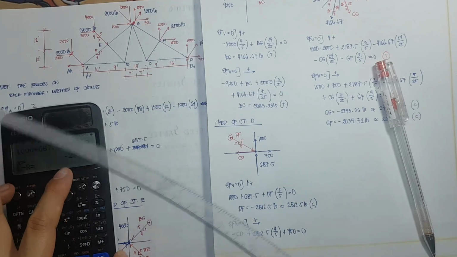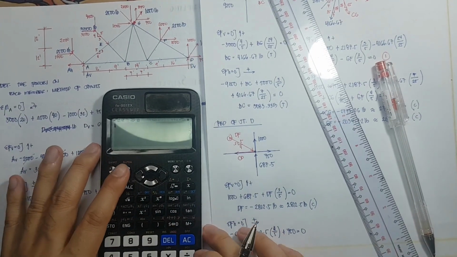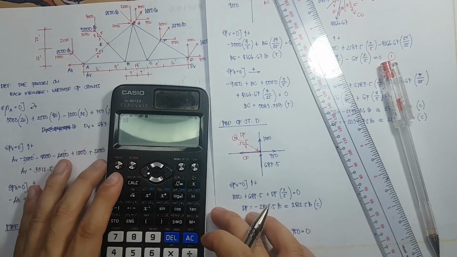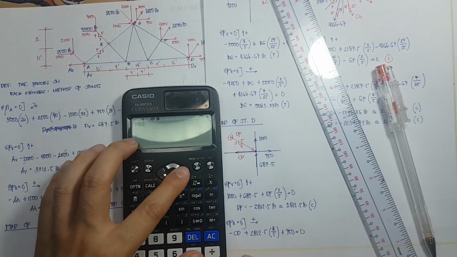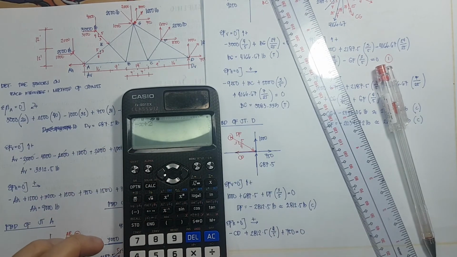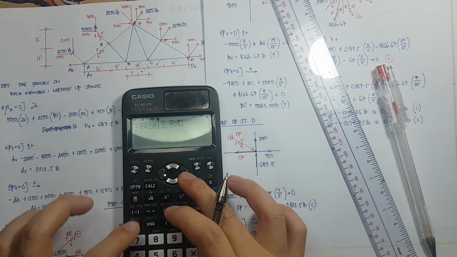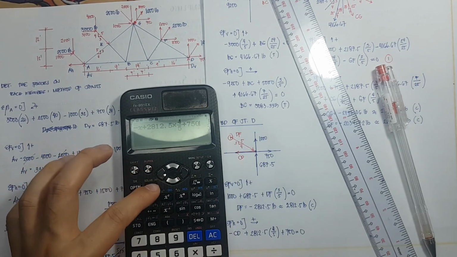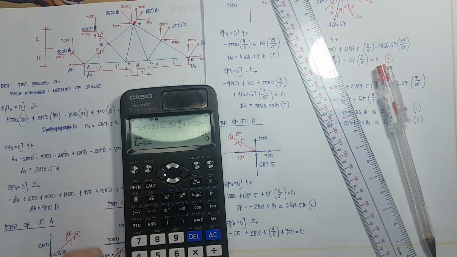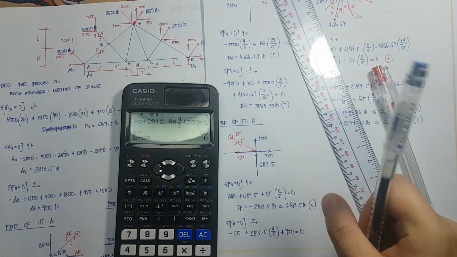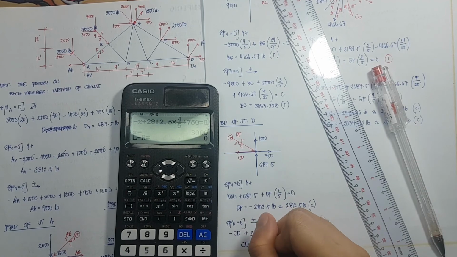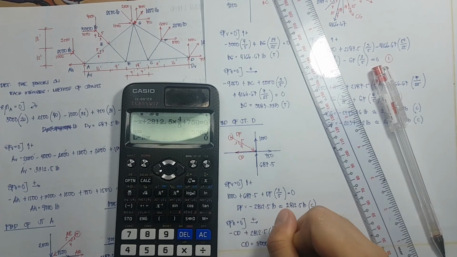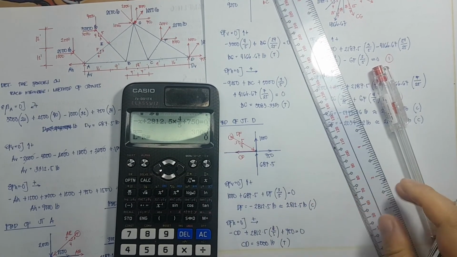Therefore, CD is equivalent to negative CD plus 2812.5 times 4 over 5 plus 750 is equivalent to 0. CD therefore is equivalent to 3,000 pounds, and that is in tension.